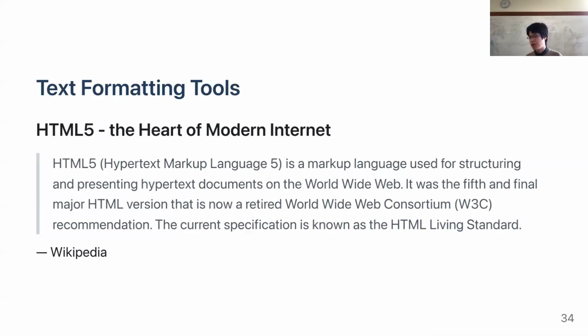Different computers have different fonts installed, different operating systems. So there must be a uniform way to display things on any random browser or computer. This is why we have HTML5, and this is just one example. We have other formats too.